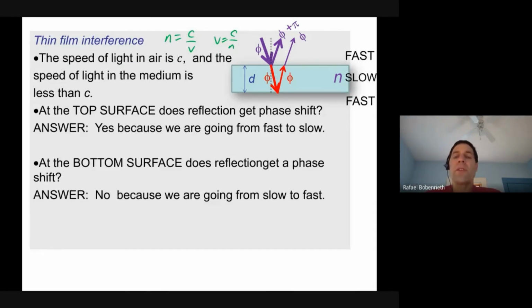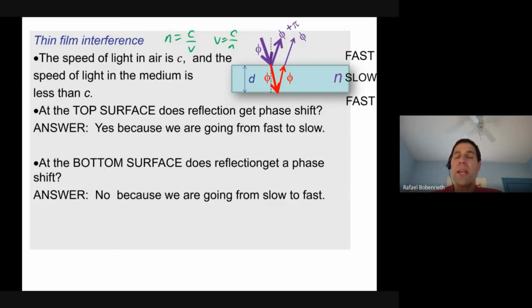We know that whenever there's transmission, it doesn't matter whether it's slow to fast or fast to slow, there is no phase shift. So notice that the smaller purple wave to the right of the fatter one, the original one, comes out with the original phase, whereas the wave that was reflected at the top surface has gotten a phase shift. Okay, so that's key. We have two waves now that are out of phase.